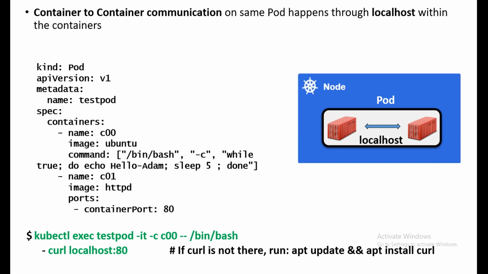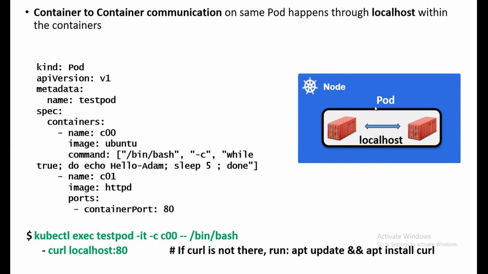That means assume that on container one you are running some application; you can easily go to the second container and access it. That way it feels as if all the containers are running in the same place. So anything within the pod, if you want to communicate between two containers, you just use localhost.